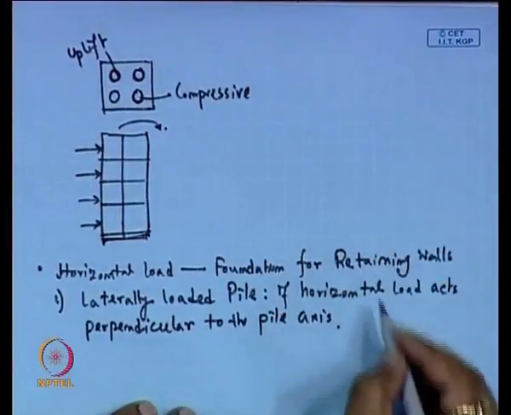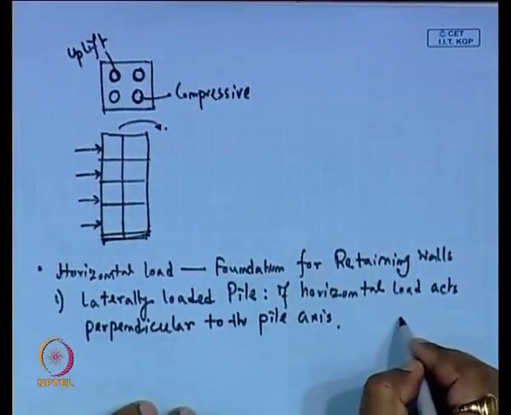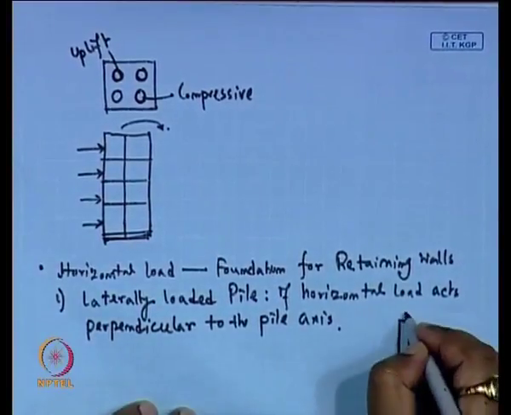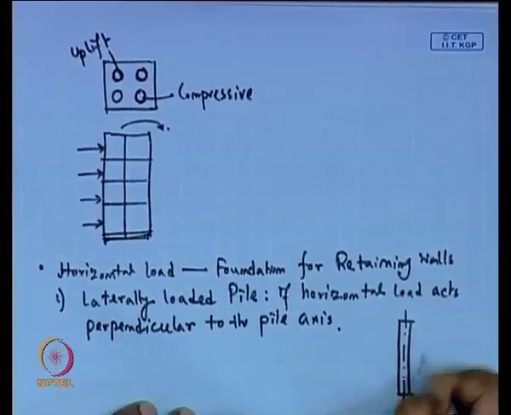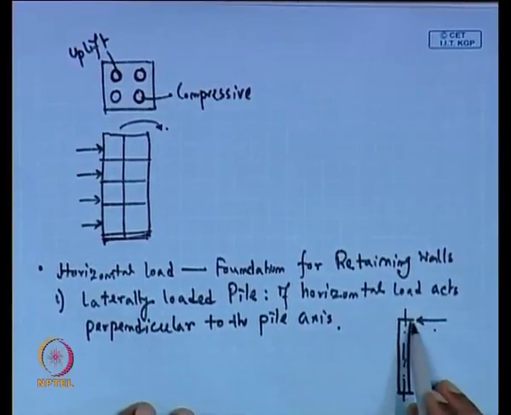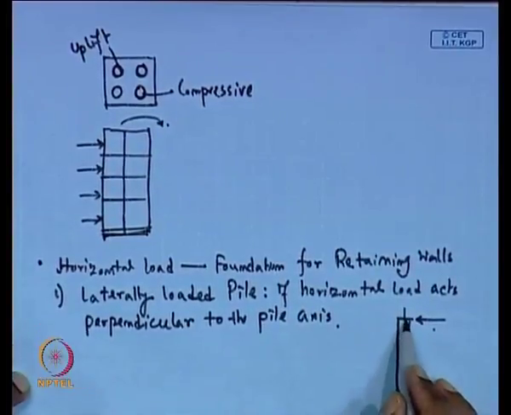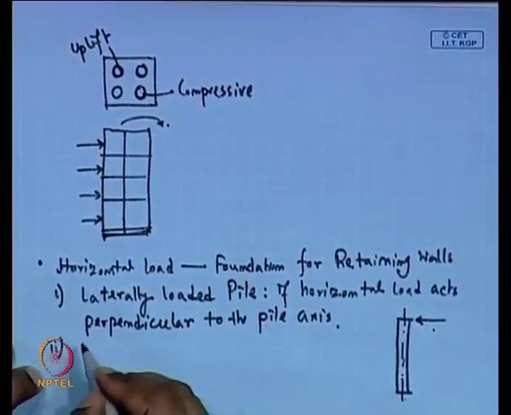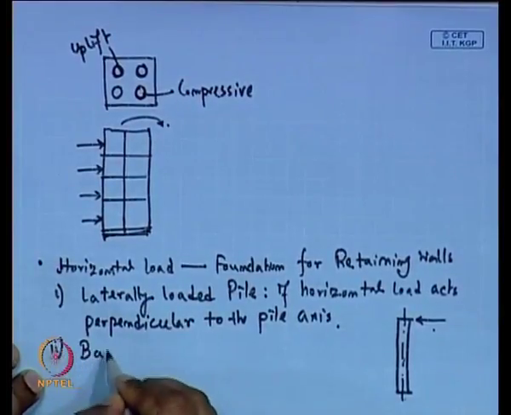So, suppose we draw this pile and this is the pile axis. If this horizontal load is perfectly perpendicular to the axis of the pile, then this is called the laterally loaded pile. Another one is the batter pile.